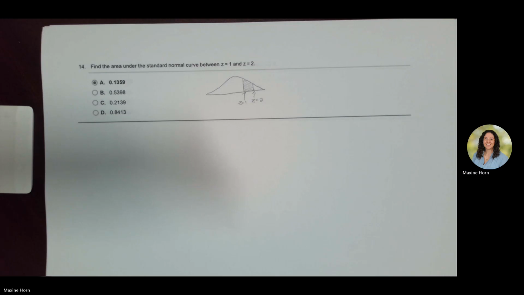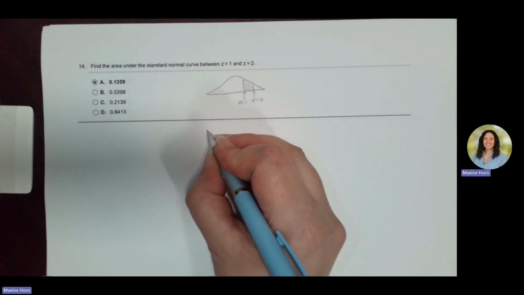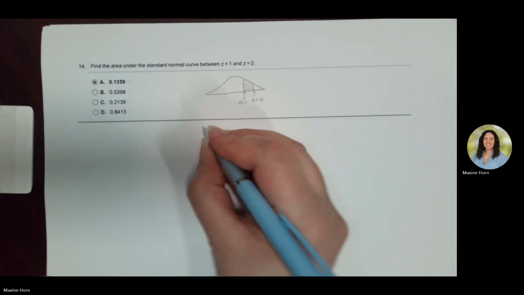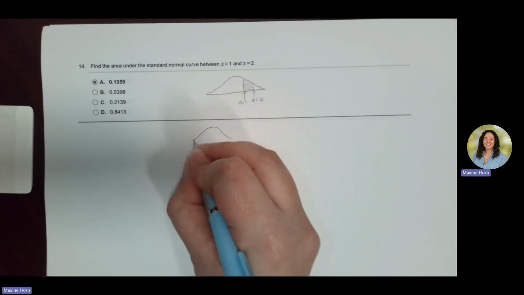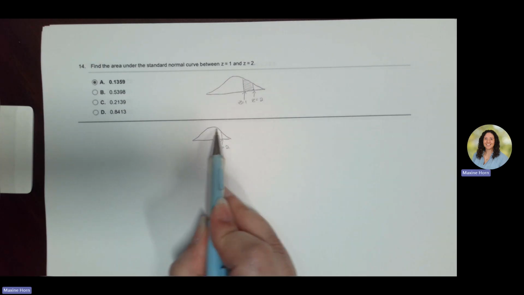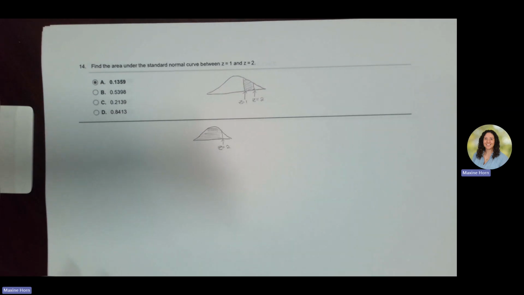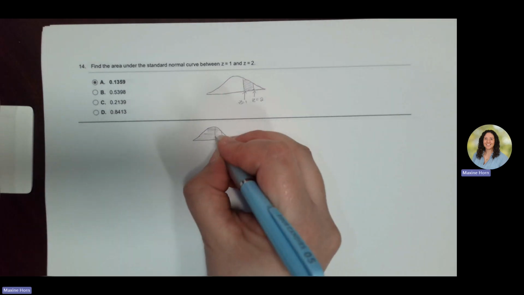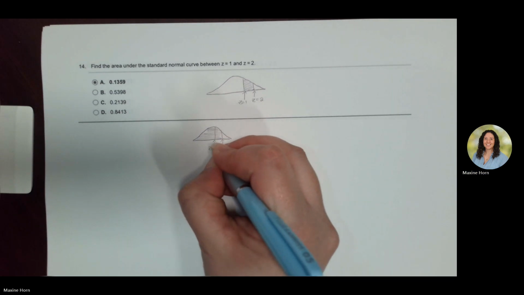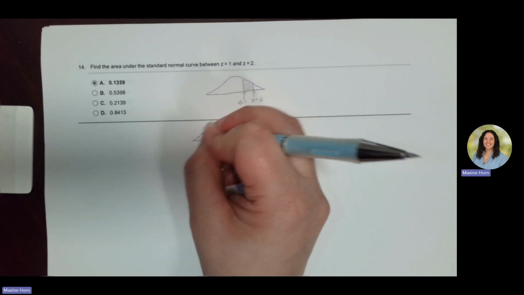So what you're going to do is, well, I guess I'll just draw it. If I start with the z-score of 2, and I find the area to the left of that, okay? And then I say, okay, great. Now I want to get rid of this portion, right?